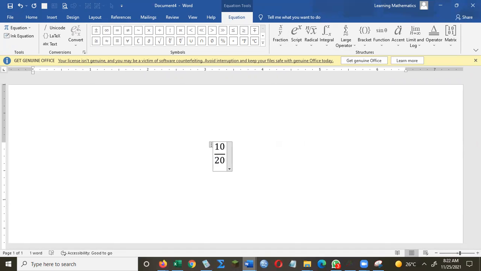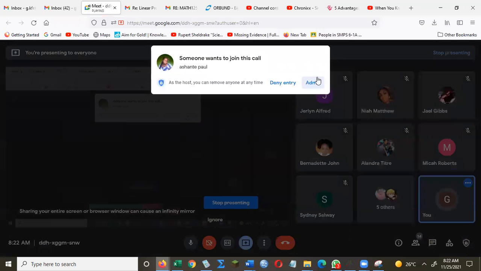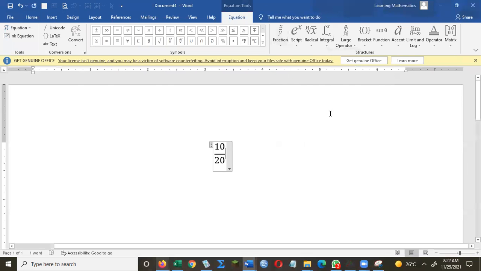So 10 over 20 is a fraction. This has a value, 10 out of 20. And that happens a lot in mathematics, transforming, making it look differently, but it's the same. We can rewrite 10 over 20 in a different way, but it will have the same value.